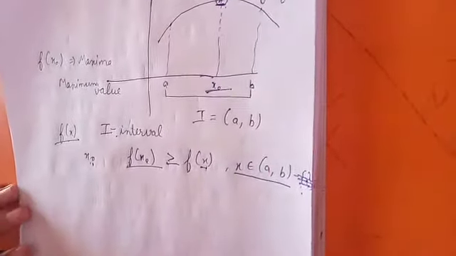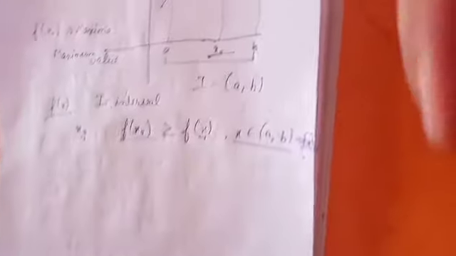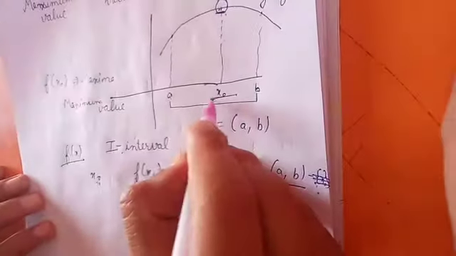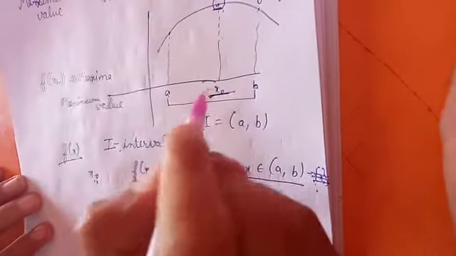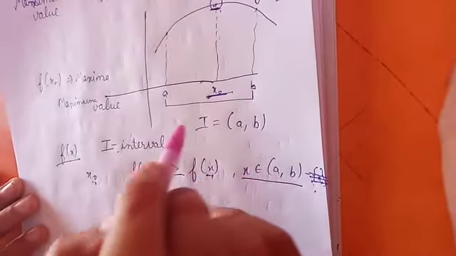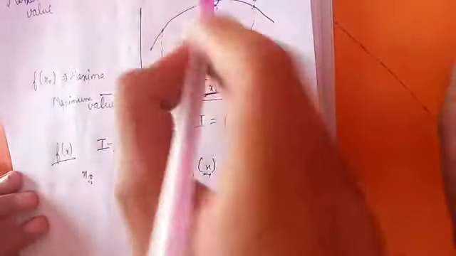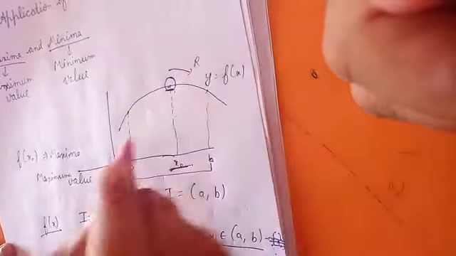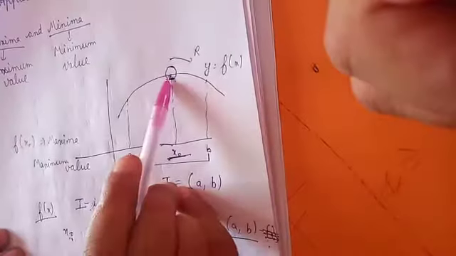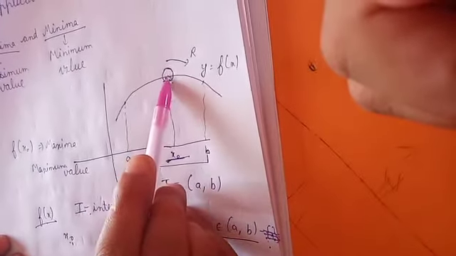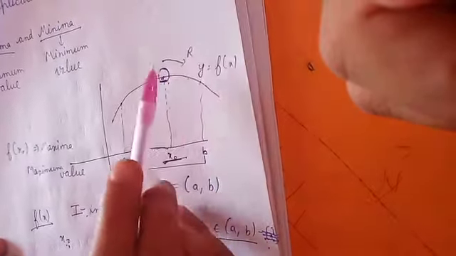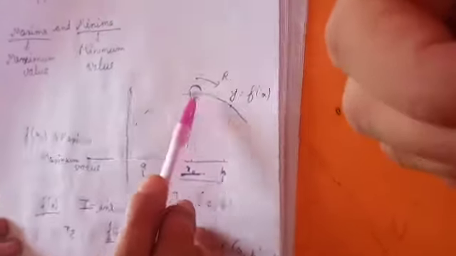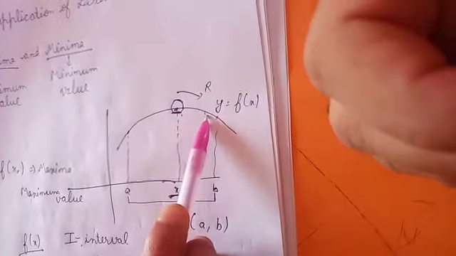Also you can say that at point x naught, when we go to either side of it, say first we go to the right side of this point, the values are decreasing, meaning from increasing to decreasing.